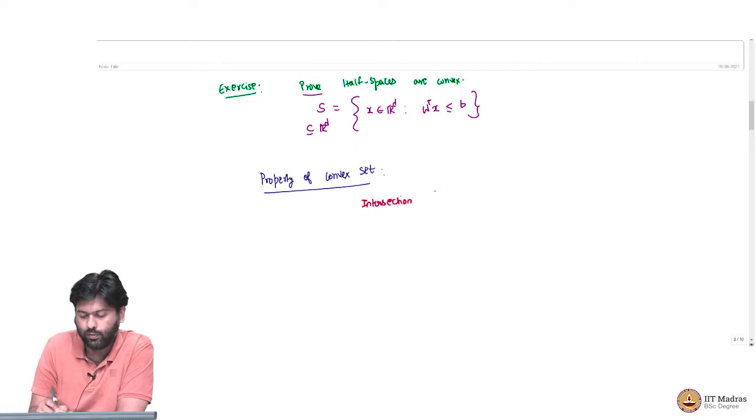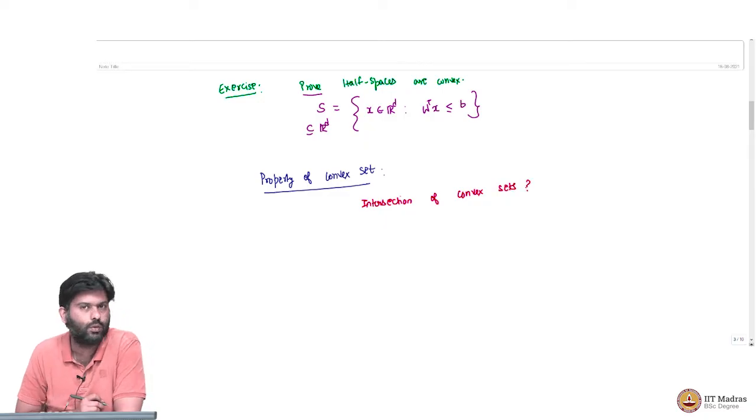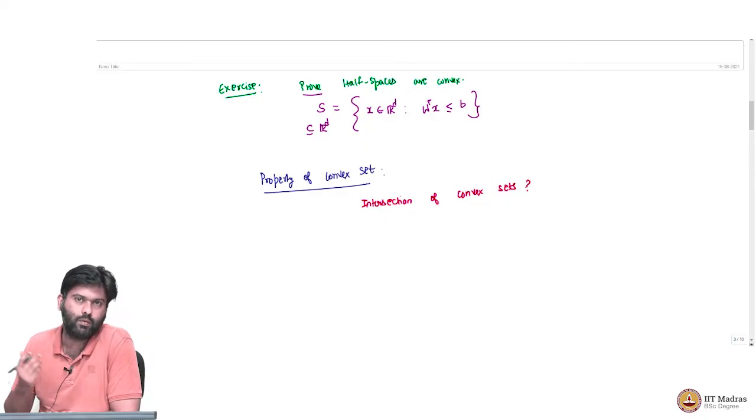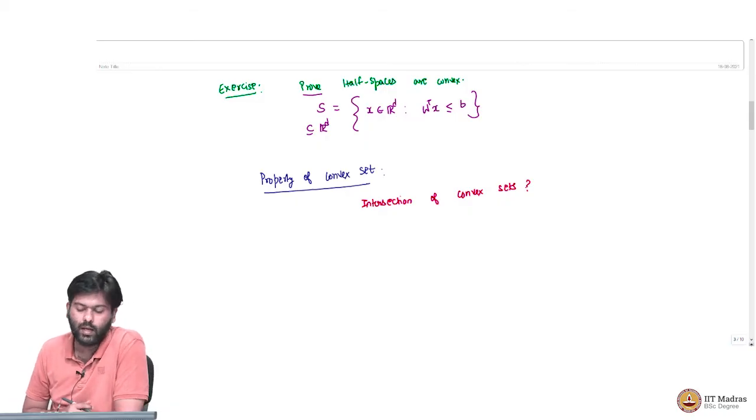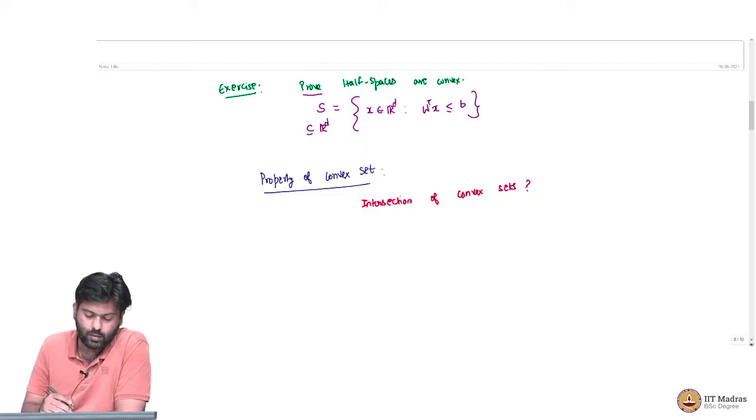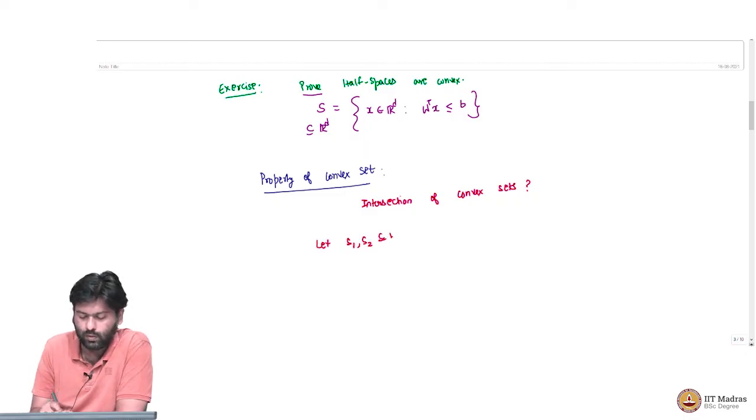Intersection of convex sets. What can we say about the intersection of convex sets? Let us say I give you two convex sets S1 and S2, and I ask, can you say something about the intersection of these two sets? So let S1, S2, think of this again as subsets of some R^d, be convex sets.